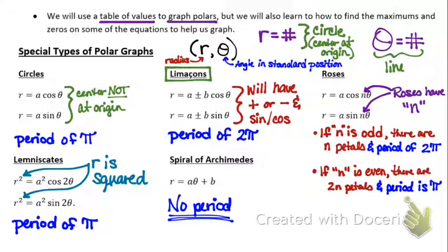How can you tell these ones apart from the other types of graphs? No sine or cosine.